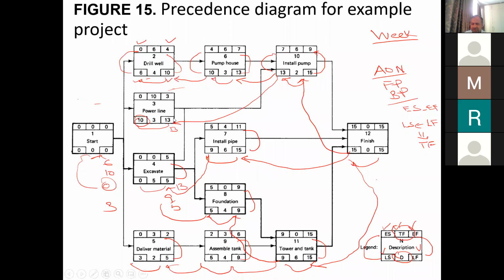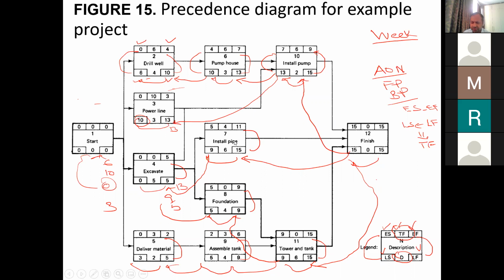So here you can see that if you just imagine the type of work, maybe it is not a good idea to finish the pumping installation before the installation of the pipe.